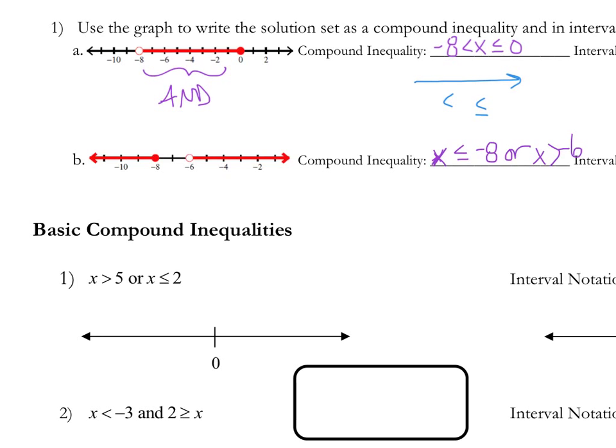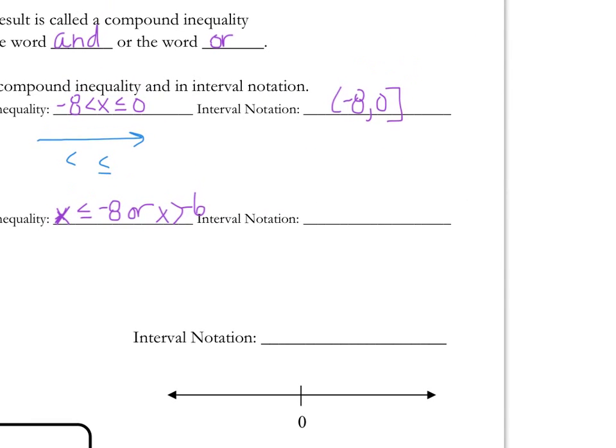In interval notation, that would be -infinity to -8 closed, union symbol, -6, sorry, that should be an open, -6 to positive infinity. Remember that the union symbol means or.